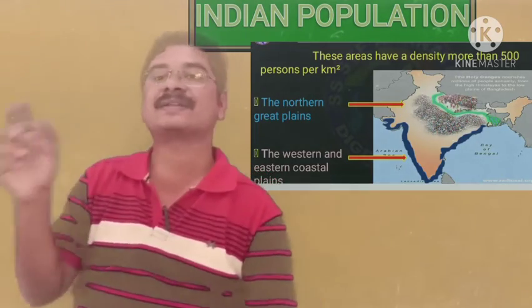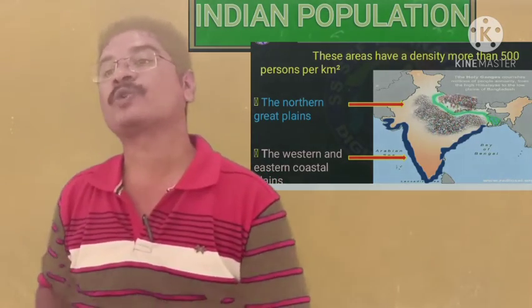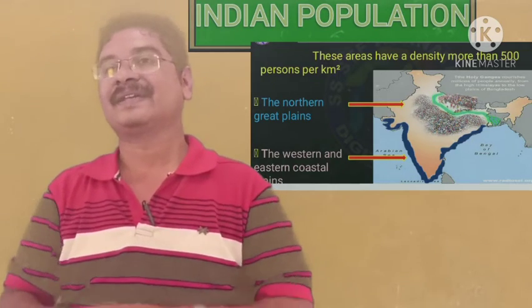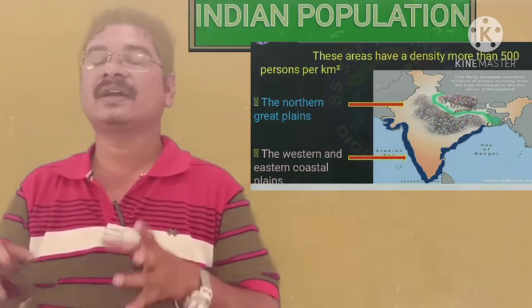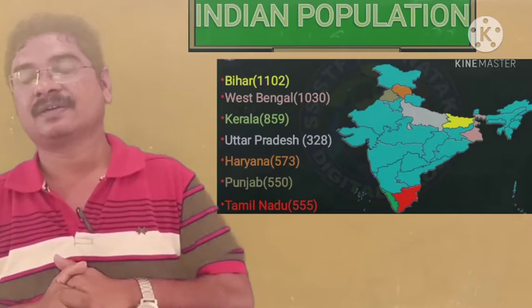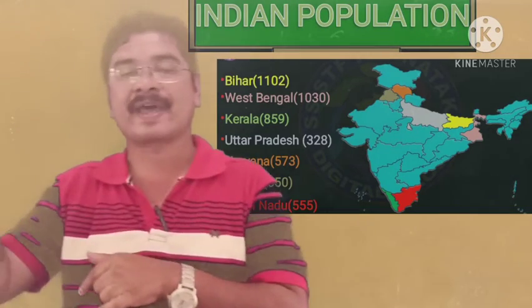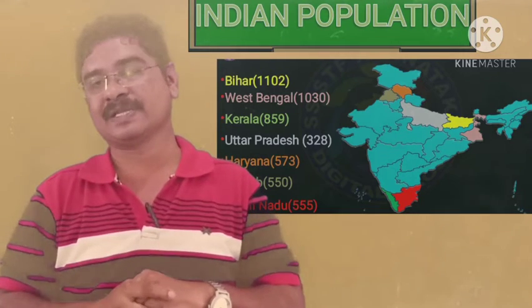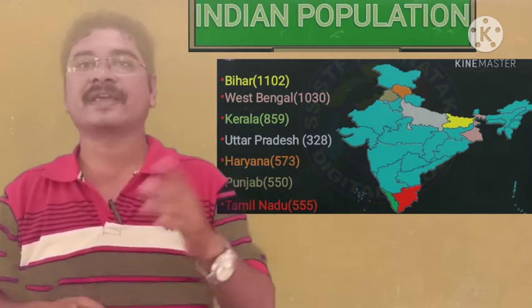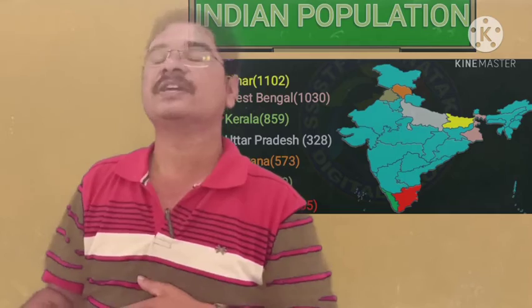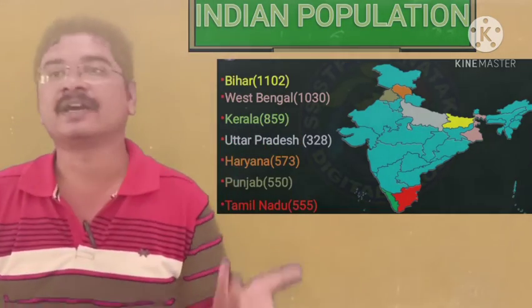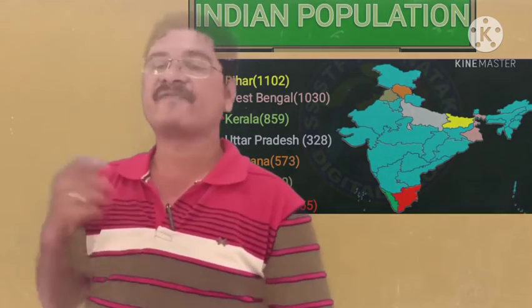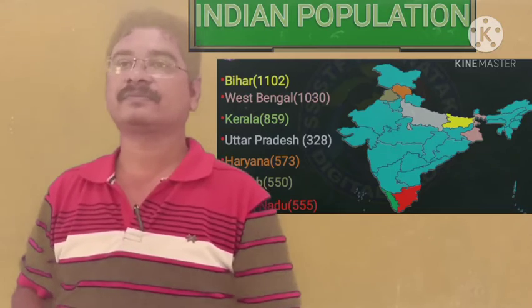For example, the northern Great Plains, then the western and eastern coastal plains. Bihar 1102 per square kilometer, West Bengal 1030, Kerala 859, Uttar Pradesh 328, Haryana 573, Punjab 550, Tamil Nadu 555.